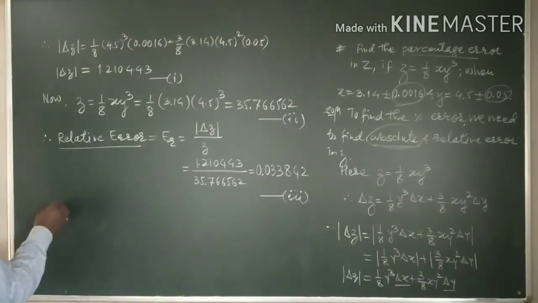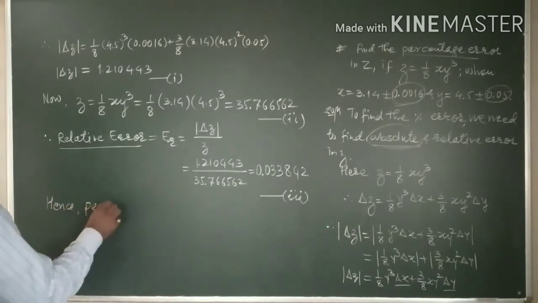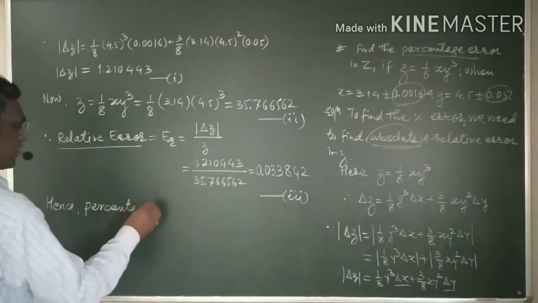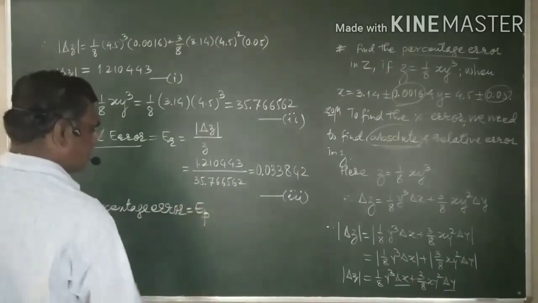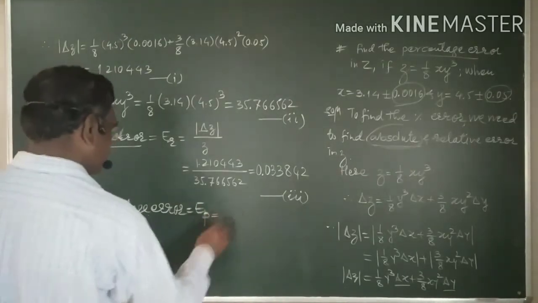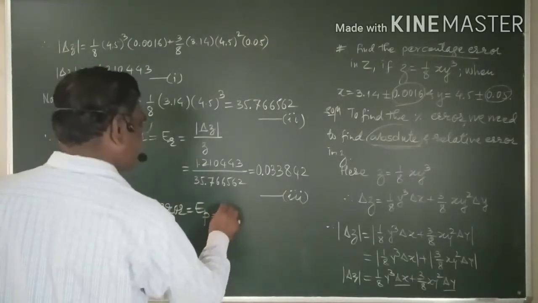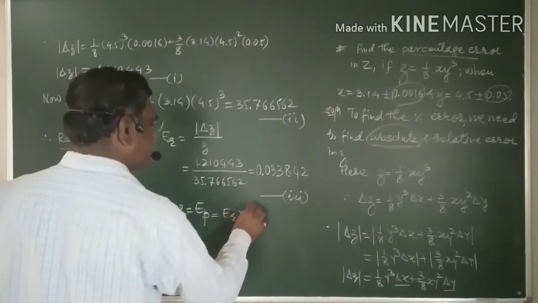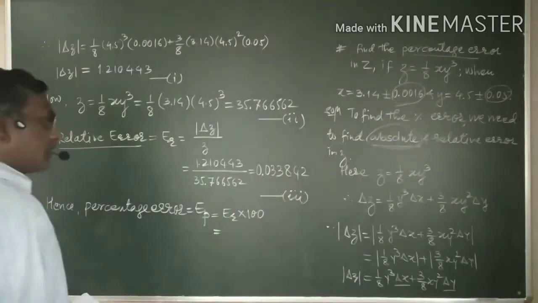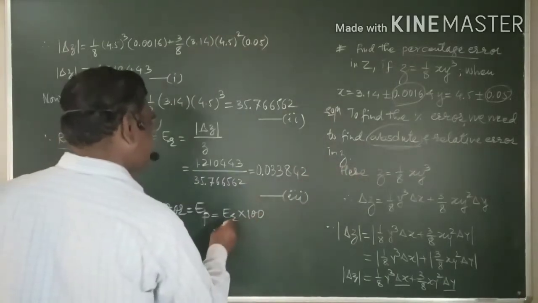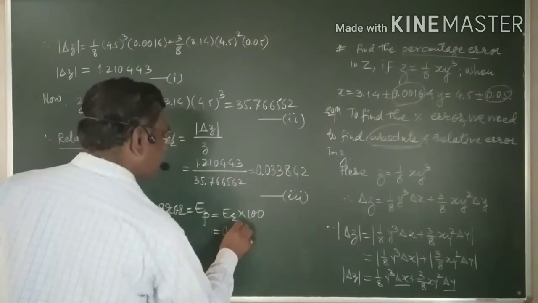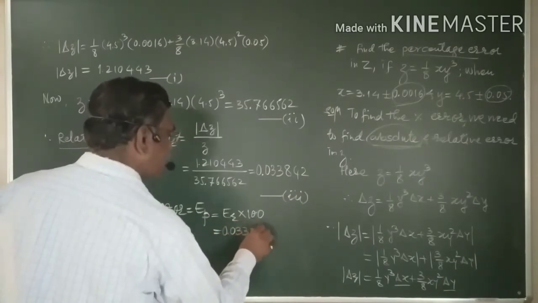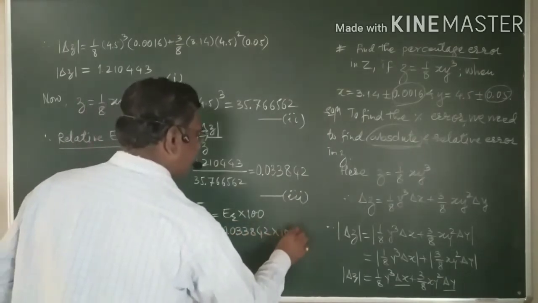Hence, percentage error, we are denoting it by EP, which is equal to ER into 100. Therefore, how much is ER? ER is 0.0333842 multiplied by 100.